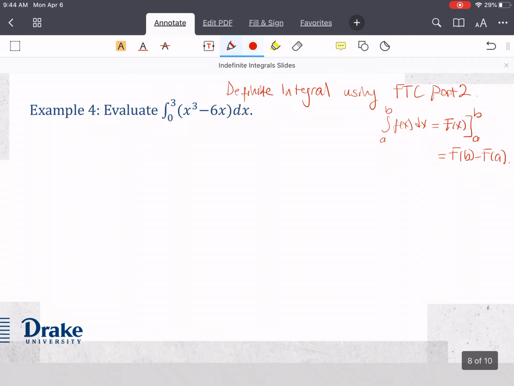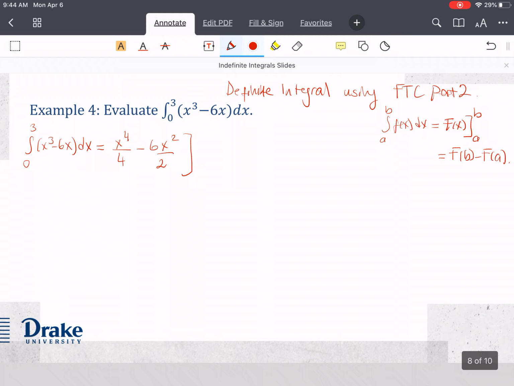So we're going to say our integral from 0 to 3 of x cubed minus 6x dx is the same thing as the antiderivative, which I'm going to calculate now. The antiderivative for x cubed minus 6x is x to the 4th over 4, because I apply the power rule, minus 6 times x squared over 2.